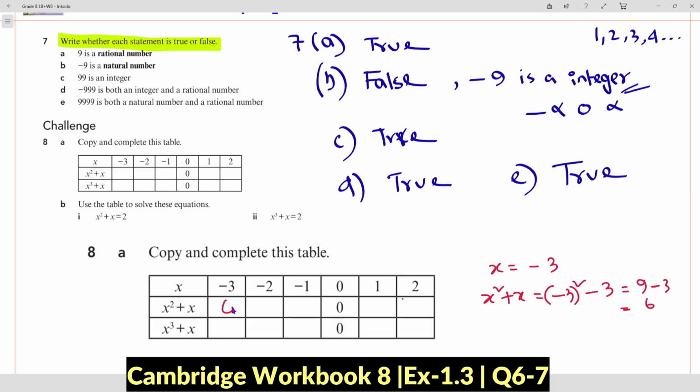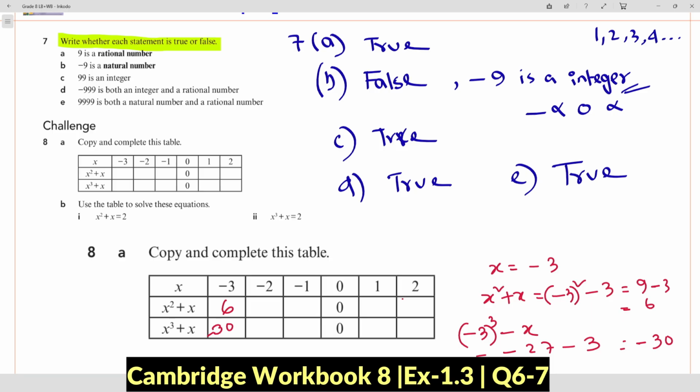So here is a 6. And then x cube plus x: -3 cube means -27, and here is -3. So the answer is -30. Okay, here is -30.